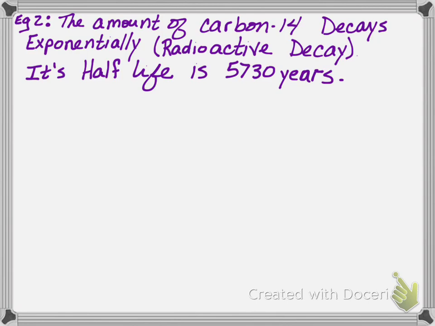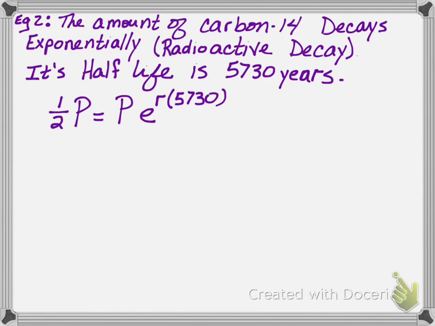So it takes a long time for carbon-14 to decrease in size. That means that if P is the initial amount, in 5,730 years, we're going to have half of P. So the amount would equal half of P when time is 5,730.